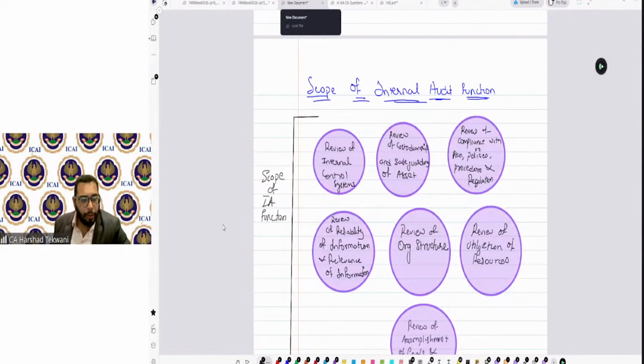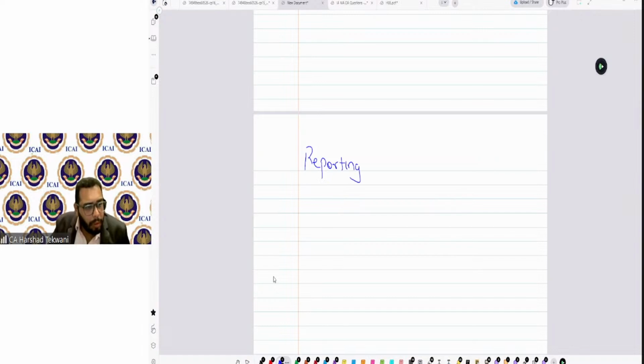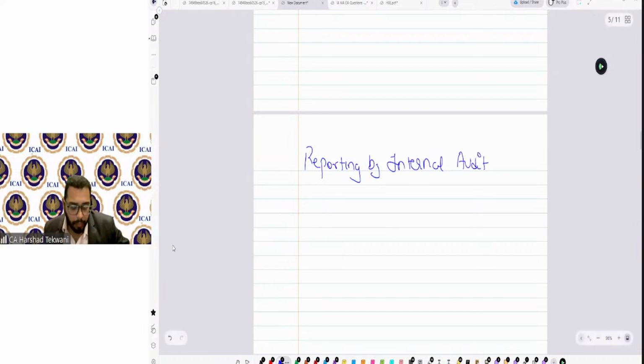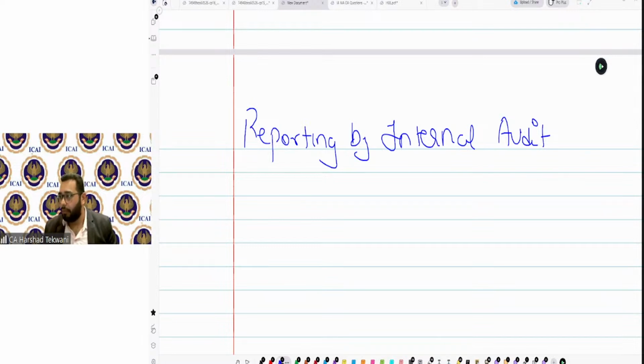When I talk about reporting by internal audit, for us as chartered accountants, we have standards on internal auditing which govern the requirement of reporting. There are two standards applicable in this scenario. One is SIA 370, standards on internal auditing talking about reporting results.